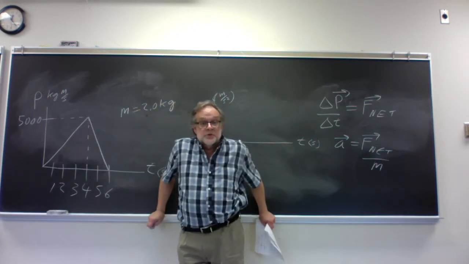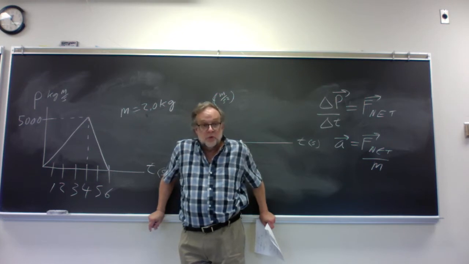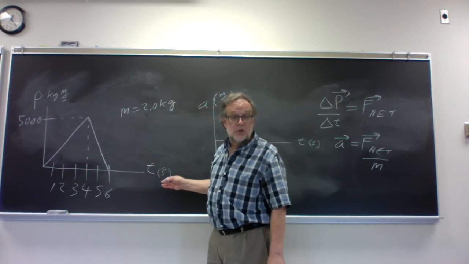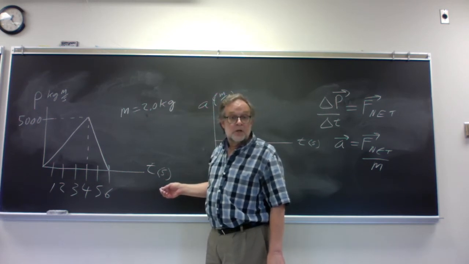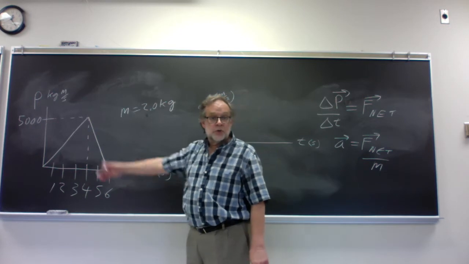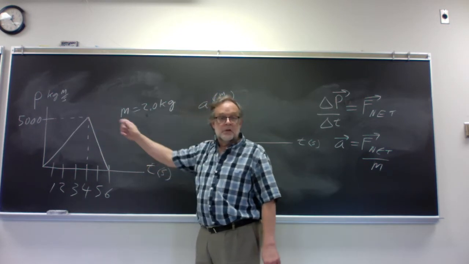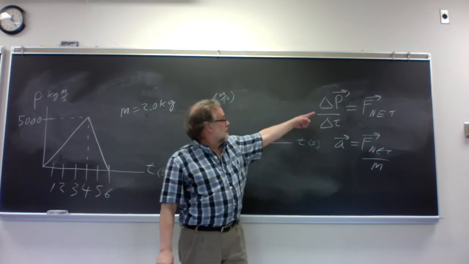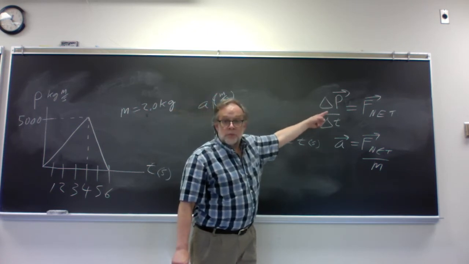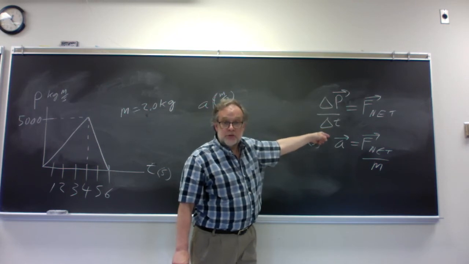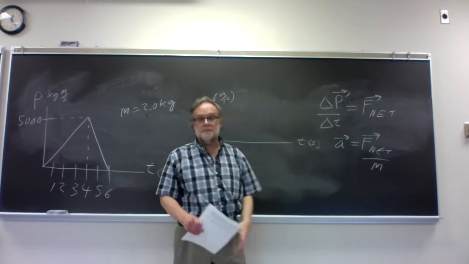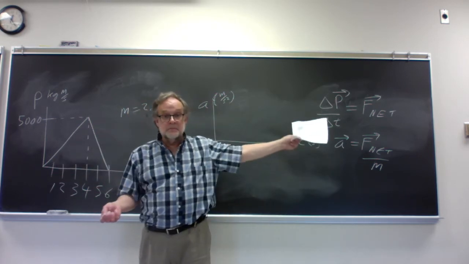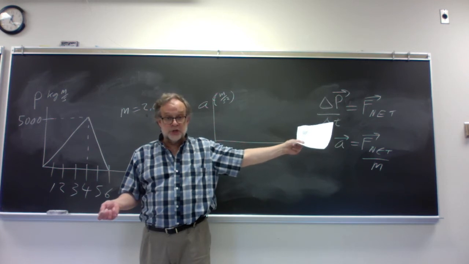And that's consistent with something I've mentioned many times before: in a graph of anything versus time, slope is the rate of change. So in a graph of momentum versus time, slope is the rate at which momentum changes, just change in momentum divided by how much time it took to make that change. So slope here is delta P over delta T, but that's equal to the net force on the object.